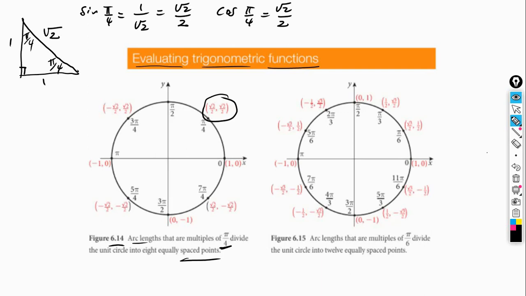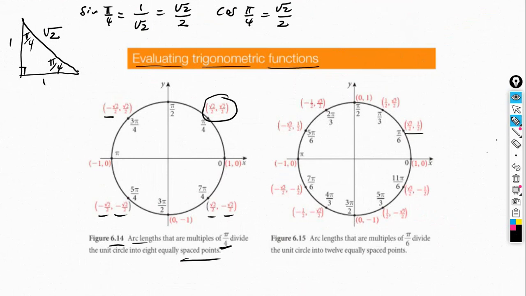And then for 3 pi fourths, we would have the same values, but it would be negative for cosine, since the x-coordinates are negative in the second quadrant. Then for 5 pi fourths, both values would be negative, and for 7 pi fourths, we would have that cosine is positive, the x-coordinate would be positive here, and the y-coordinate would be negative. But they are all square root of 2 over 2, whether they are positive or negative.